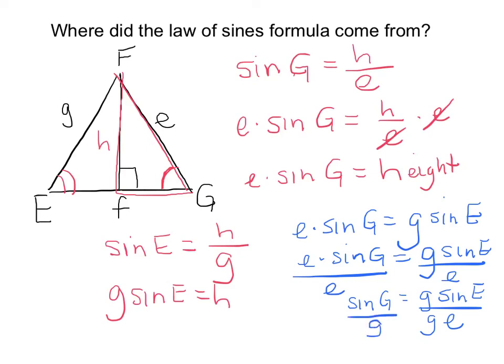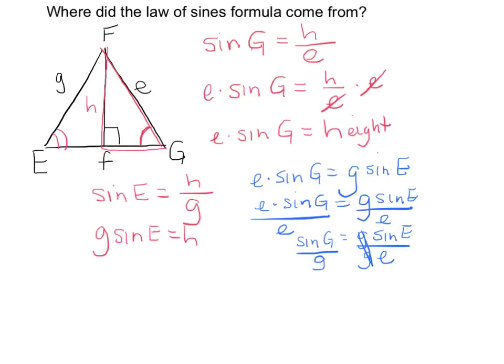Okay, so those cancel out. And what I end up with now is sine of angle G divided by side G is equal to sine of angle E divided by side E.